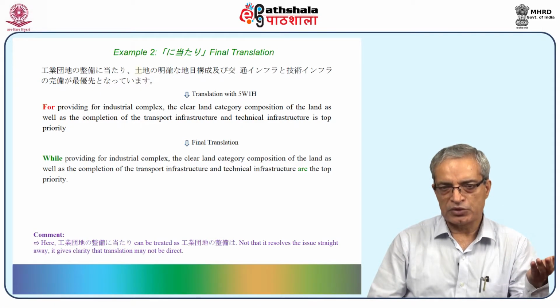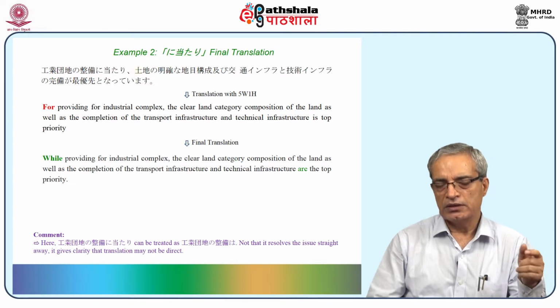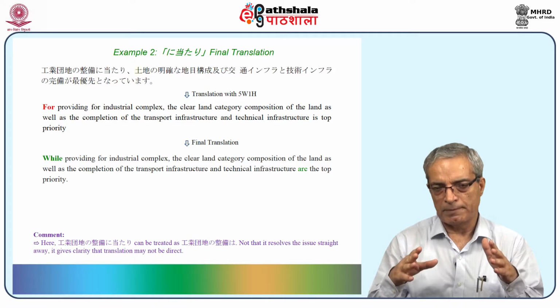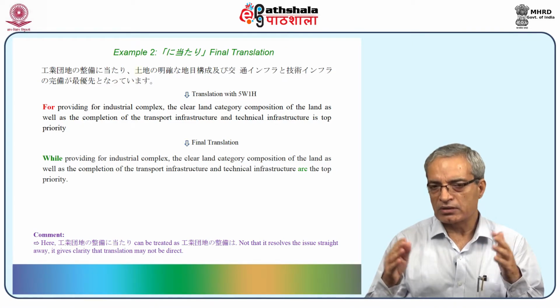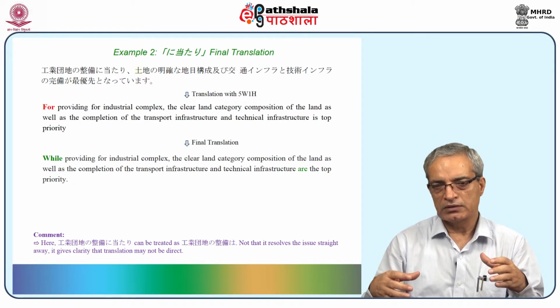I think this has been touched upon already. It's basically the ni atari clause, that is kogyo danchi no seibi ni atari. If you look at it from the point of view, for example, kogyo danchi no seibi wa, it's a broader concept, and ni atari is a smaller concept within this particular scope.